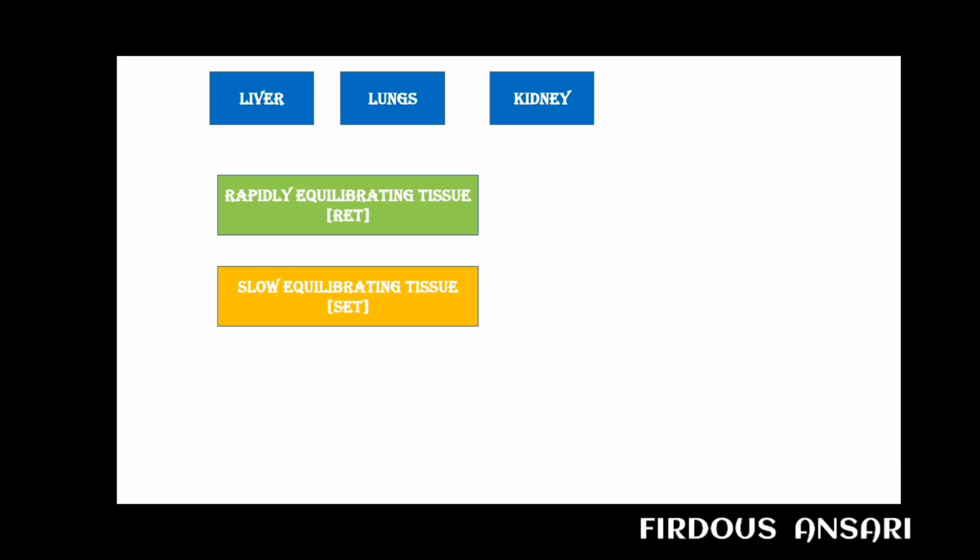So we have made some groups of organs coming under the RET and a few organs coming under the SET. Like heart may come under the group of RET, muscles may come under the group of SET. So for the organs and tissues coming under RET, we have a separate mathematical equation, and for the organs or tissues coming under SET, we also have a separate mathematical equation.